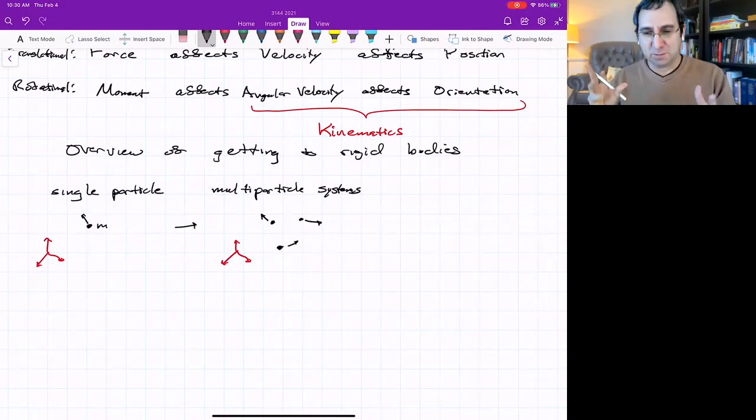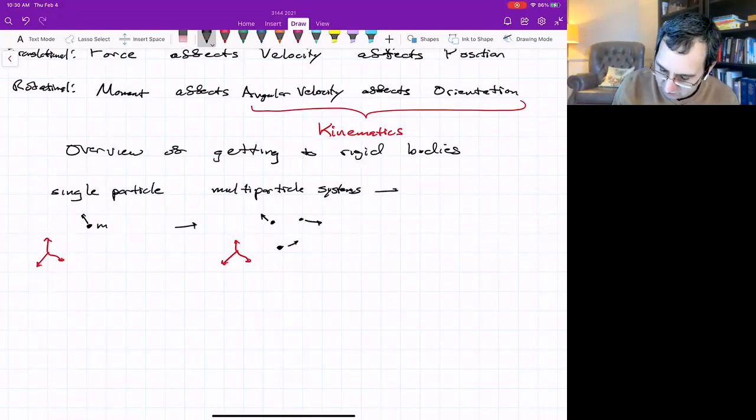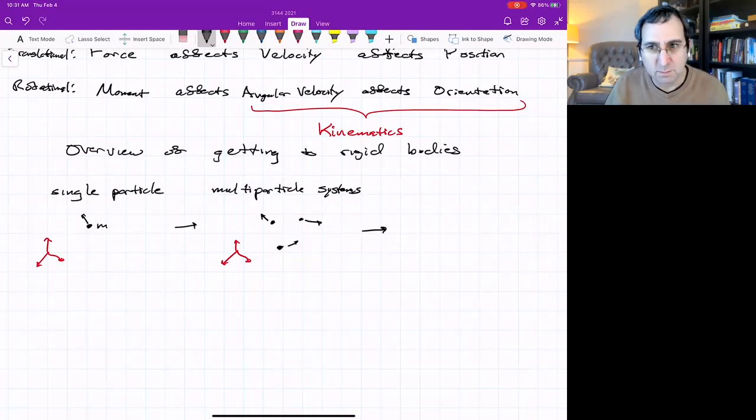If you have a bunch of particles and they do not move with respect to each other, so if they're somehow rigidly attached, I think of those pictures from chemistry where you've got the balls attached by rods. So if we have particles and we sort of freeze them by having them rigidly attached, that would be imposing rigidity, but nature does that for us.